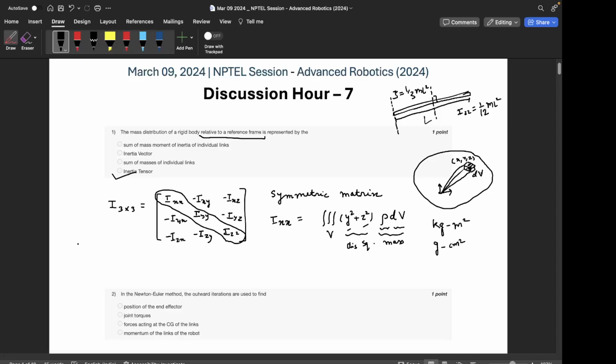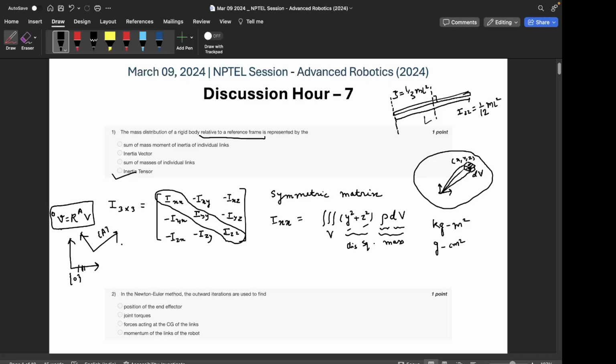What we have seen till now is that if there is a world frame, which is the inertial coordinate system, and there is a rotated frame, let's say this is the A frame and this is the O frame, then transforming a vector from the A frame to the world frame is done by multiplying by a suitable rotation matrix.